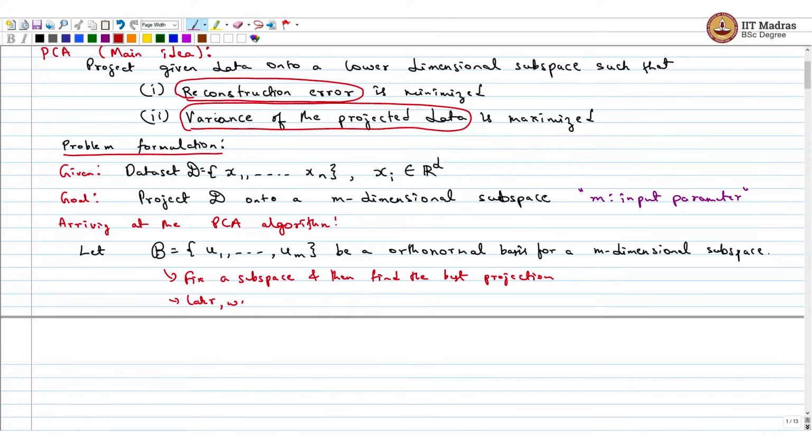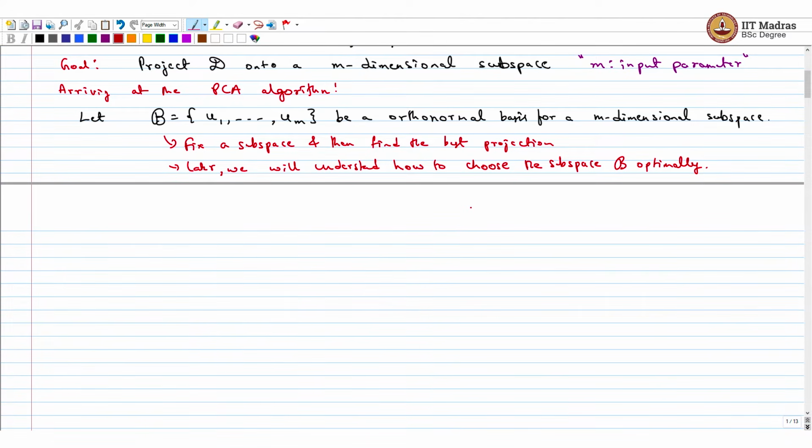Later we will understand how to choose the subspace optimally. So there are two things to it. For the sake of understanding, imagine you are given m vectors in some arbitrarily chosen m-dimensional subspace, and now given these m vectors, you want to find the best projection of the data. So let's do this.